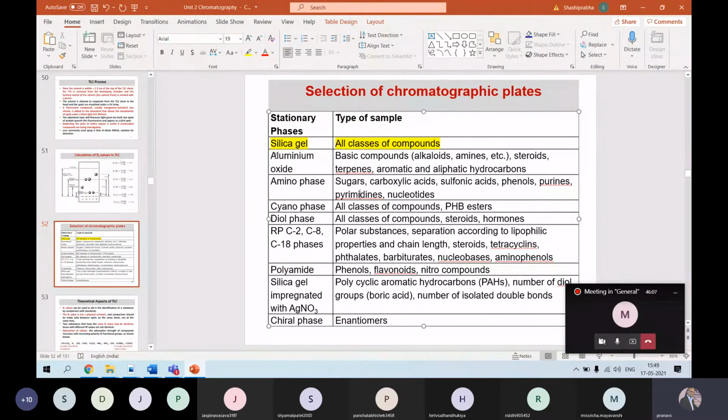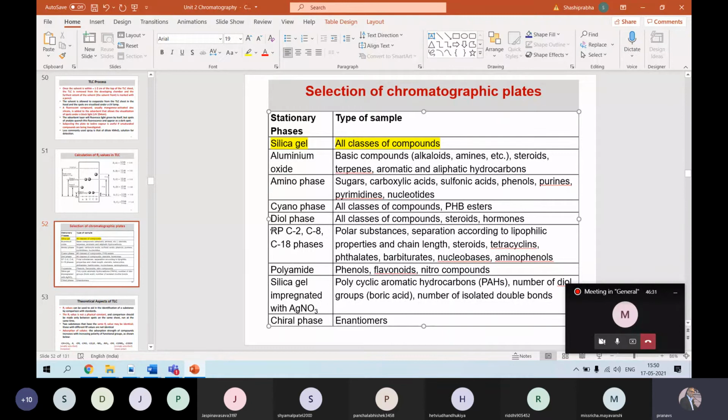Aluminum oxide, though it is not available much now, can still be used for basic compounds. And you have cyanophase, which is relatively more polar. Diol phase is again used for all compounds.